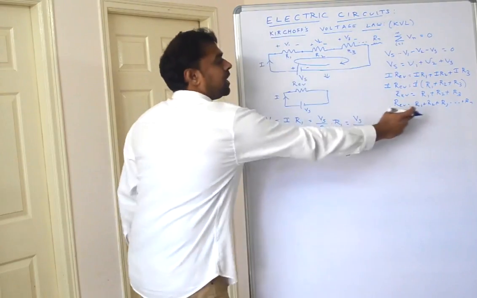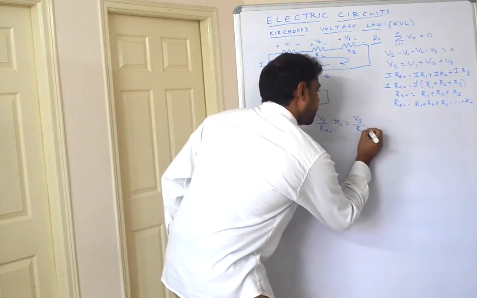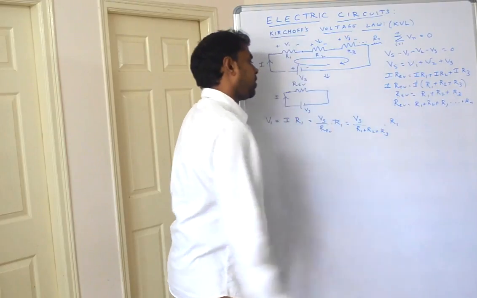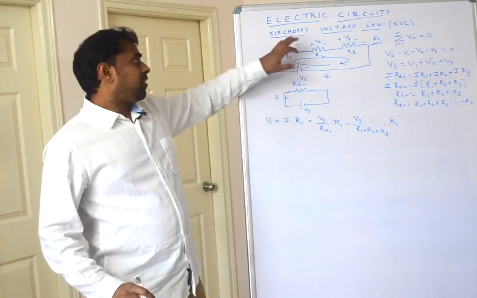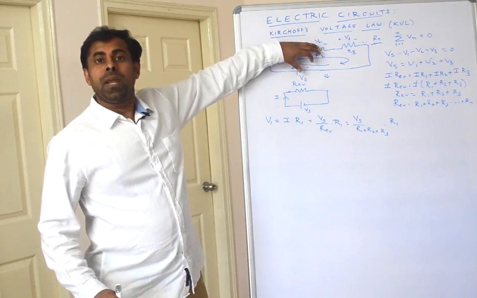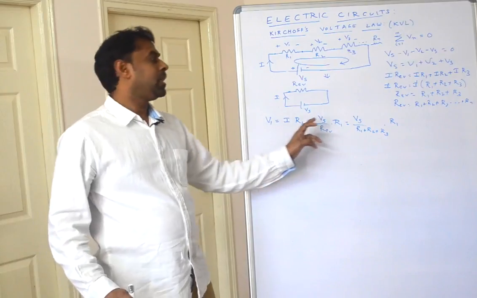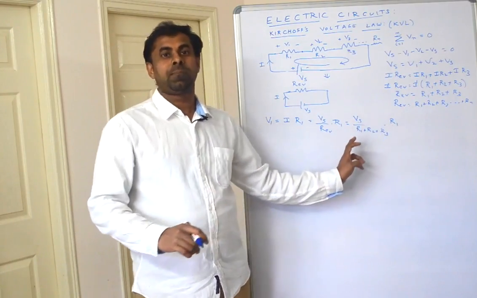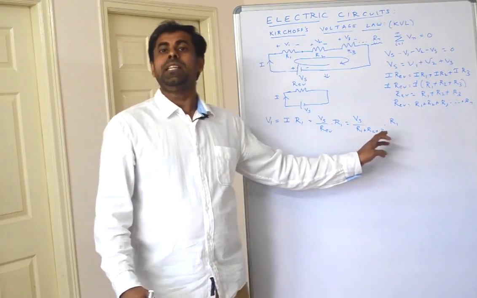If I substitute R equivalent as R1 plus R2 plus R3, that means if some elements are connected in series, then the voltage across one element is nothing but the input voltage into that element's resistance, divided by the sum of all the elements connected in that circuit.